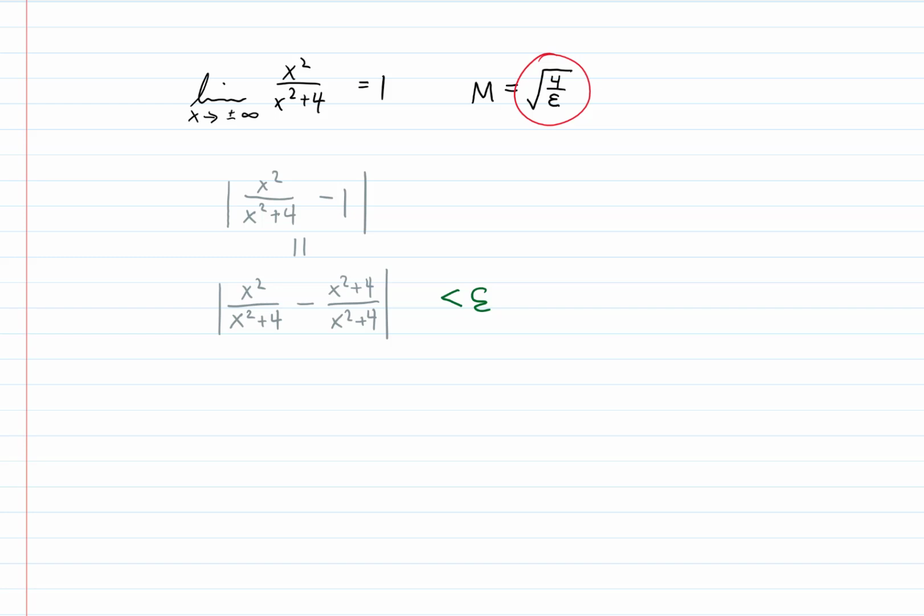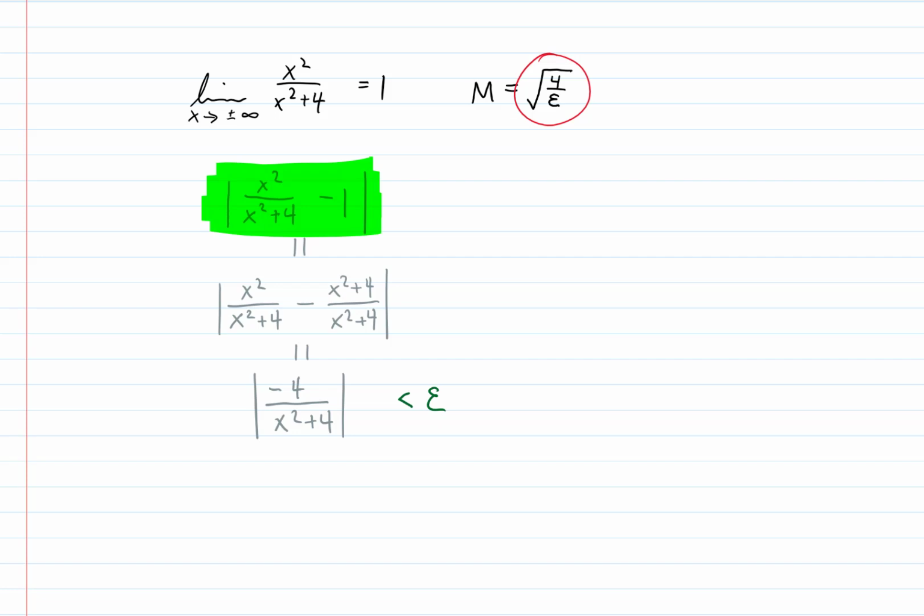So this stuff here in gray is equal to this. Once again, I want this to be less than epsilon. I can accomplish that by making this thing down here less than epsilon.